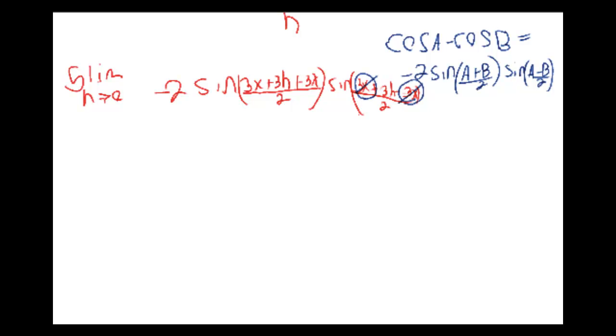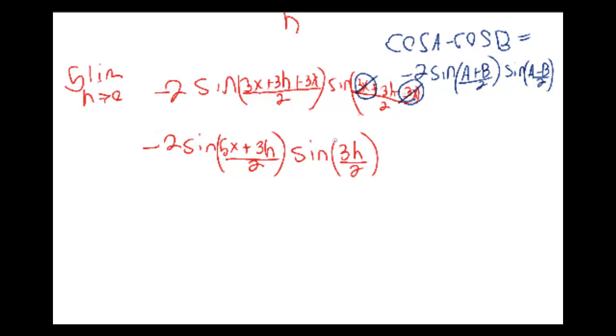And when I rewrite this step, it becomes negative 2 sine of 6x plus 3h over 2, all over h. If you were to plug in, you still would get 0 over 0 at this point.